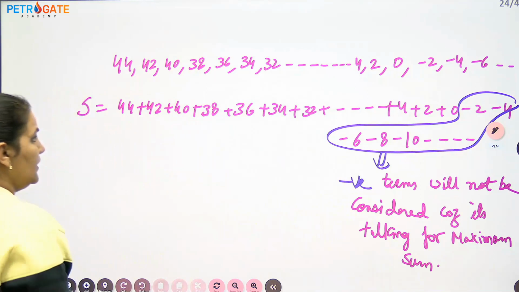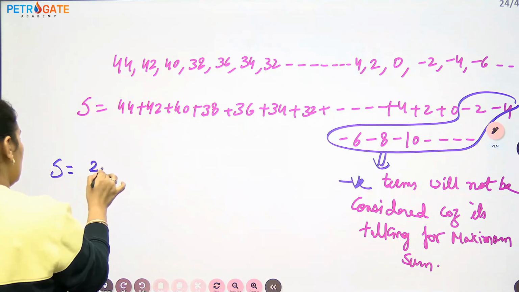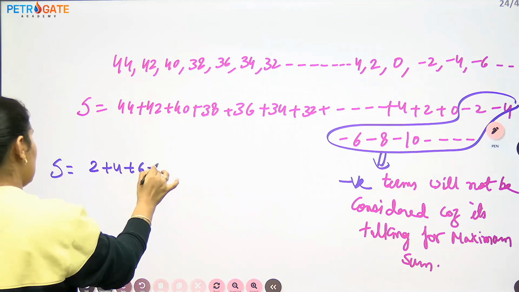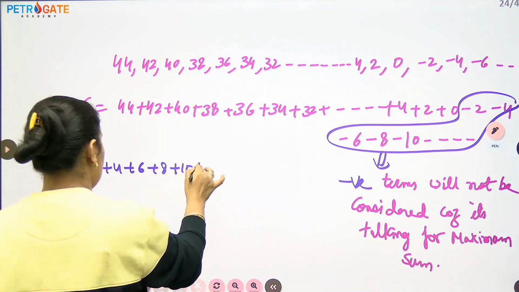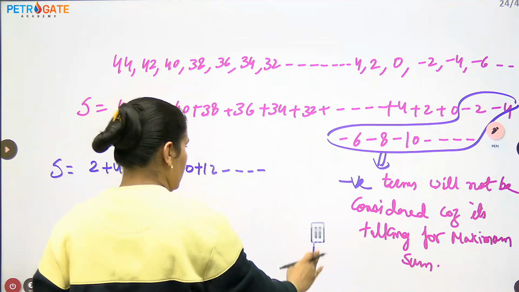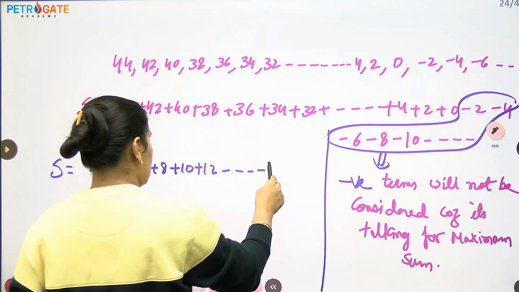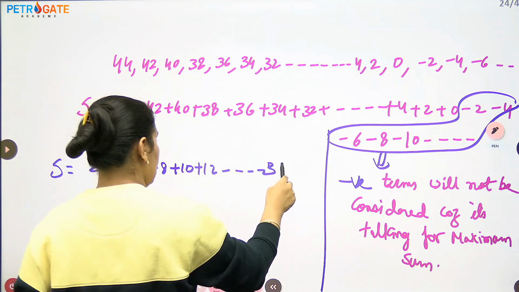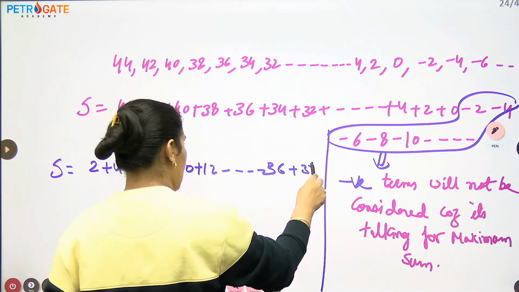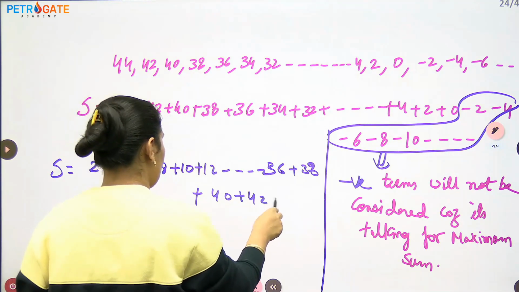All right, so we can write the series as 2 plus 4 plus 6 plus 8 plus 10 plus 12 and so on, up to 36 plus 38 plus 40 plus 42 plus 44.